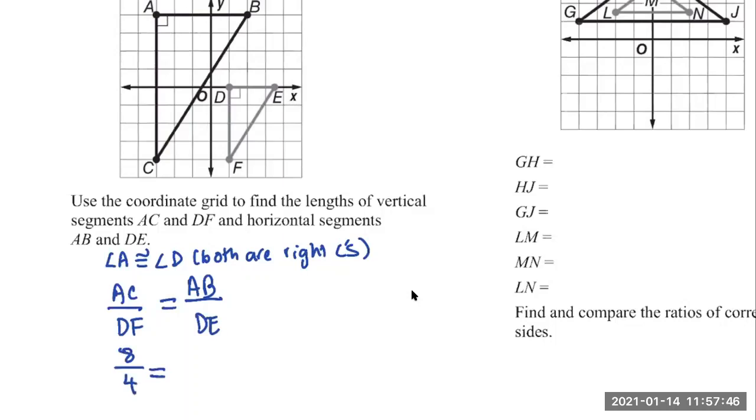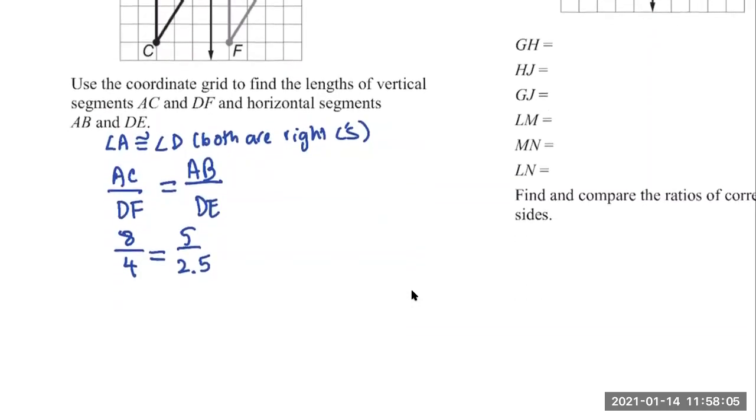And type into the chat, what's that ratio that you guys came up with? Very good, 2 is correct.